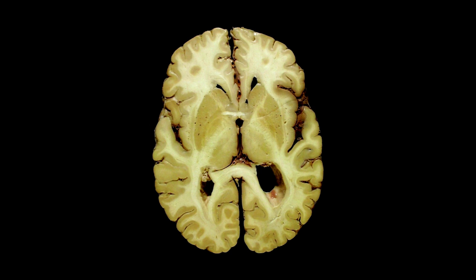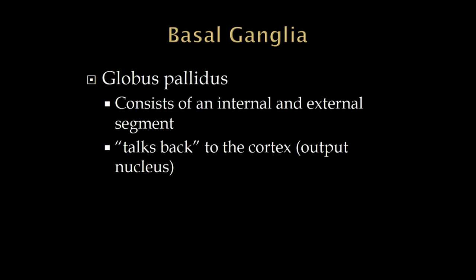Here's the genu. The posterior limb separates the putamen and globus pallidus from this large nucleus that we'll come to in just a few minutes called the thalamus. It will be very helpful when we do cutting to identify the internal capsule and then work from there. We can identify things that are in and around the internal capsule.